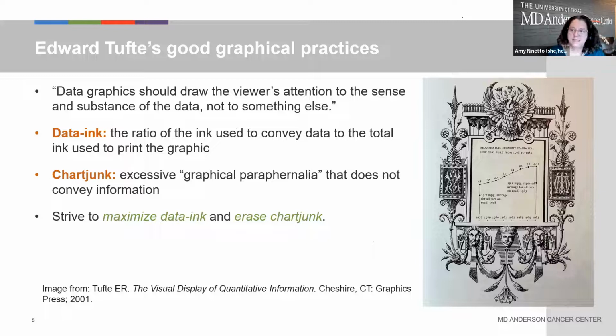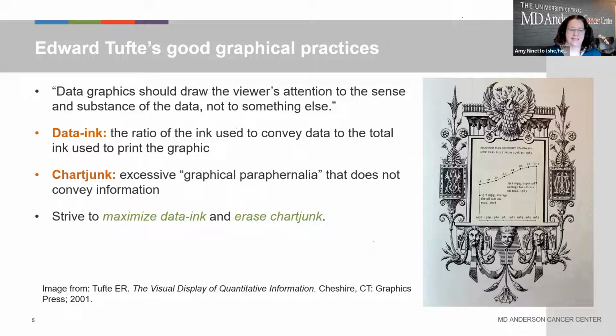So ideally in Tufte's world, all of the ink on a figure would convey data or information somehow, and none would be extraneous. So the ideal data ink ratio is 1:1. Now you're probably not going to achieve that, but you should strive to reach a point where there's not a lot of stuff on the figure that is not conveying information.